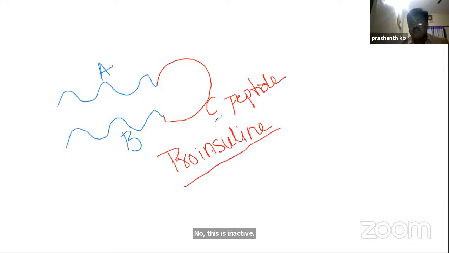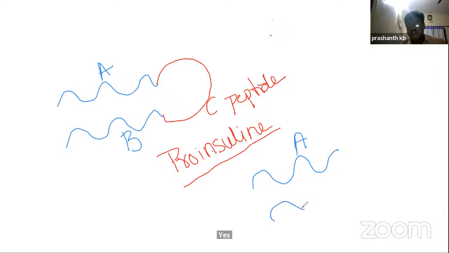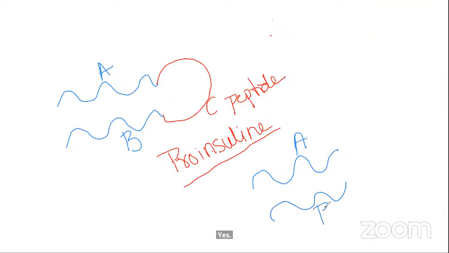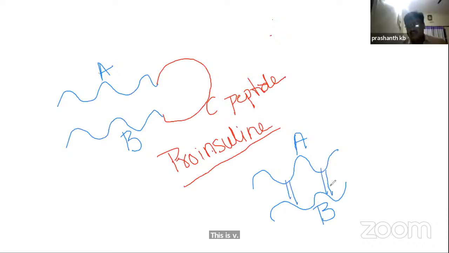Now, how to make this an active form? This is very important. Here, this is the A insulin protein, and this is the B insulin protein. Now, this is a disulfide bond.